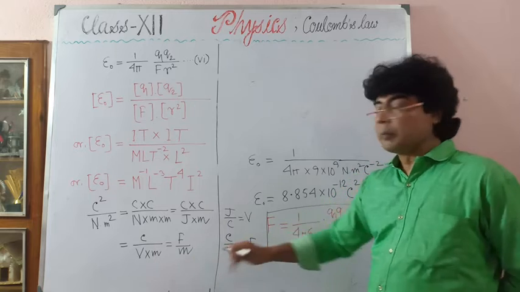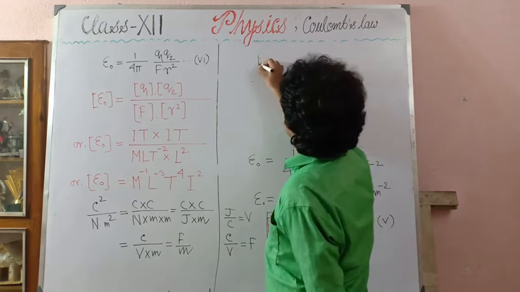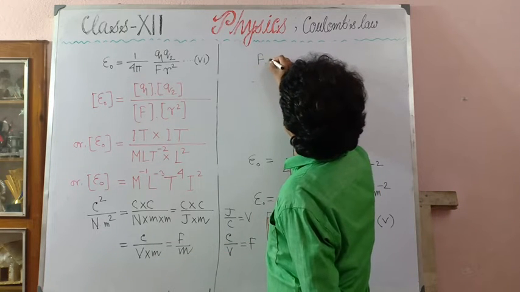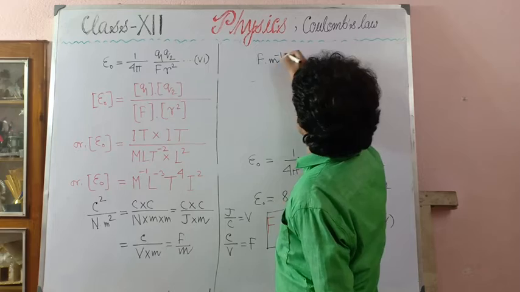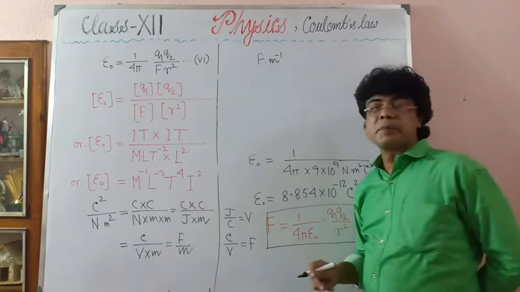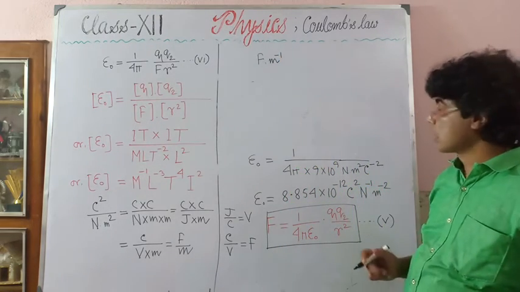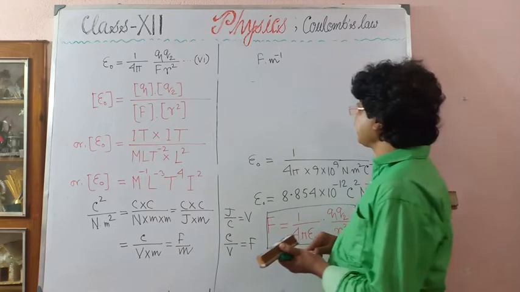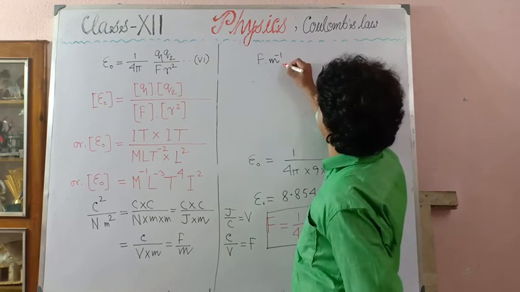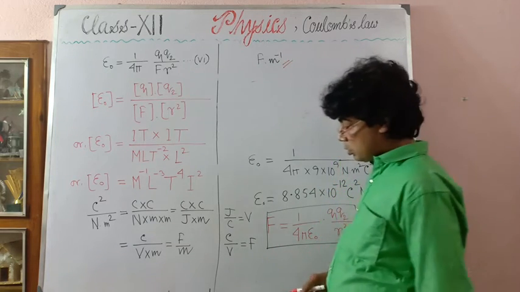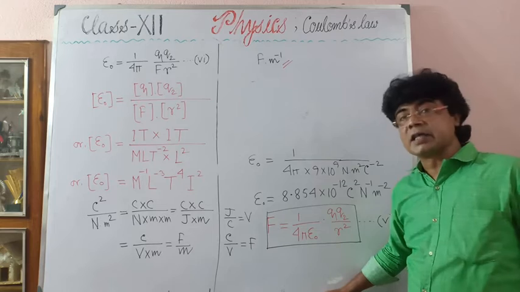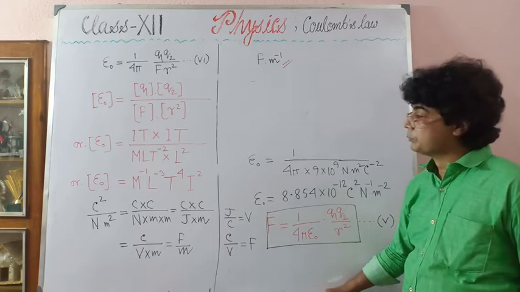So farad per meter is another unit of epsilon 0. This is very important for competitive exams.